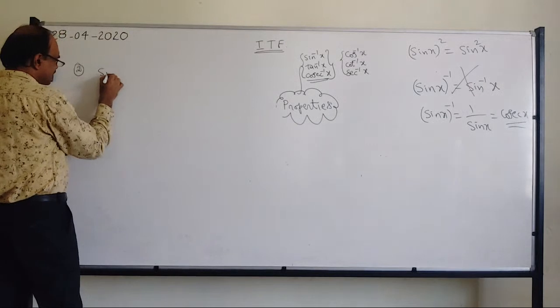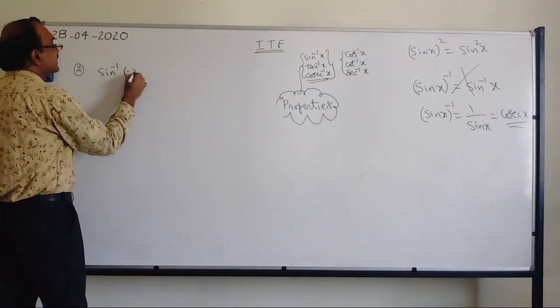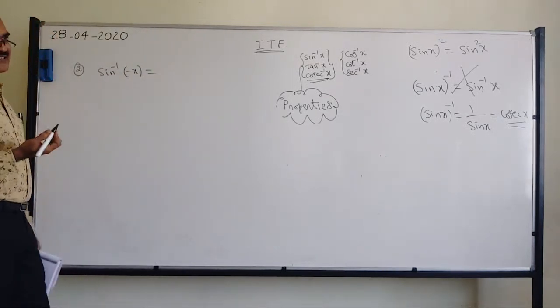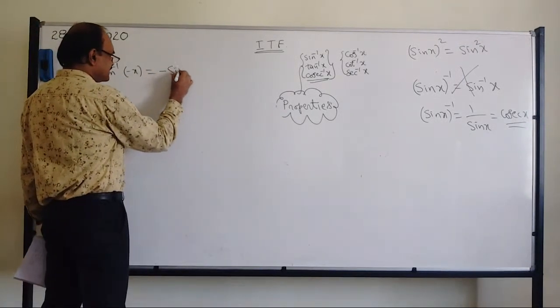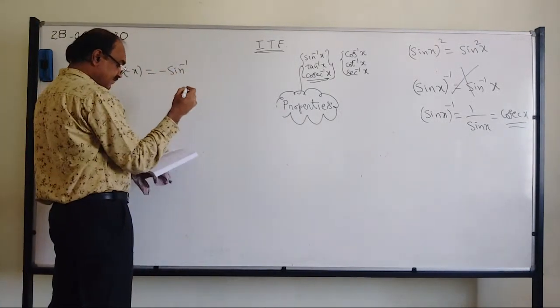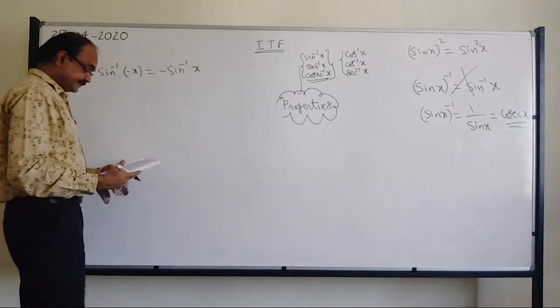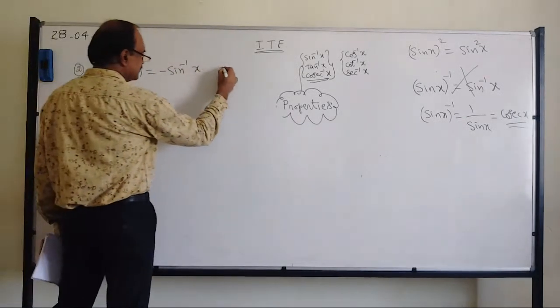Sine inverse of minus x. If I have a negative x, what do you get? What is sine of minus x? Minus sine x. So here you will get the same, that is, minus sine inverse x. x belongs to minus 1 to 1, that you already know.